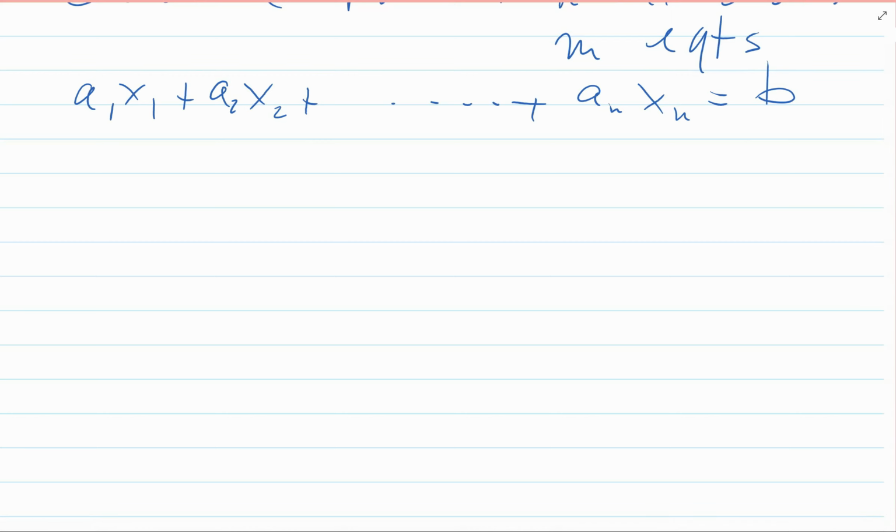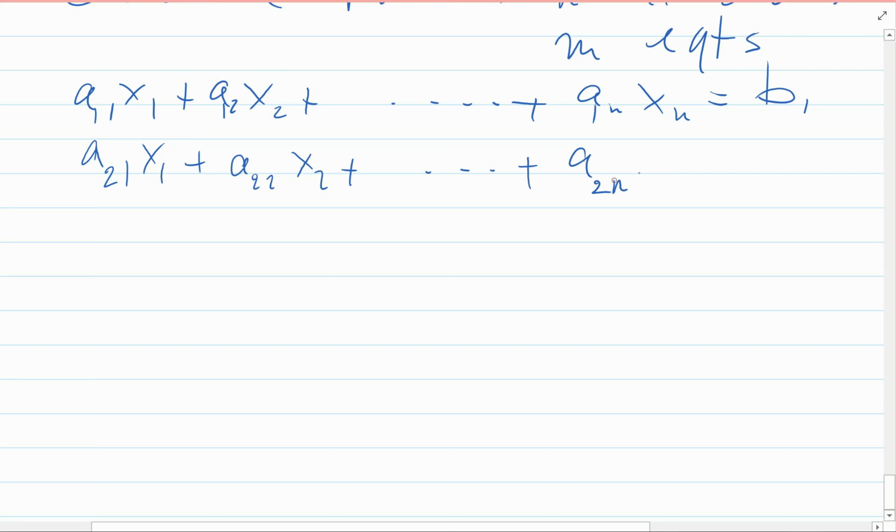But if I have a system of m equations, then I have different equations. We put 1 here, meaning the first equation, a11, and b1 is the non-homogeneous term. The second equation is a21 x1 plus a22 x2 plus ... plus a2n xn equals b2.